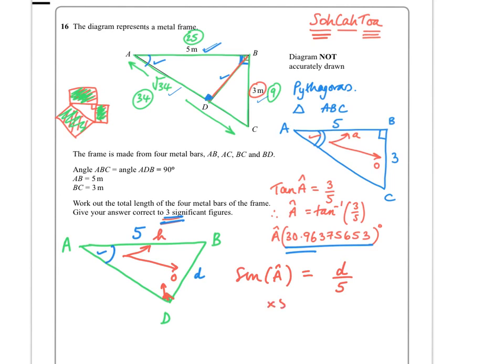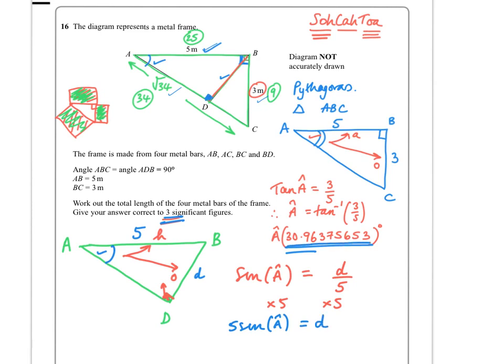So if we times both sides by 5 to get rid of this denominator here, then what we'd be left with is 5 sine of A, which we already know, is equal to D.